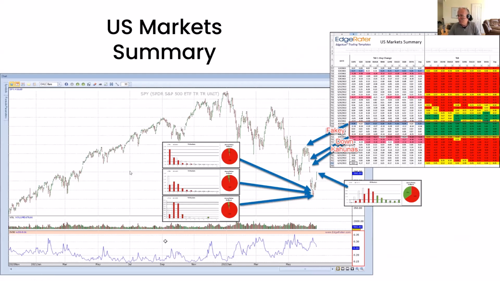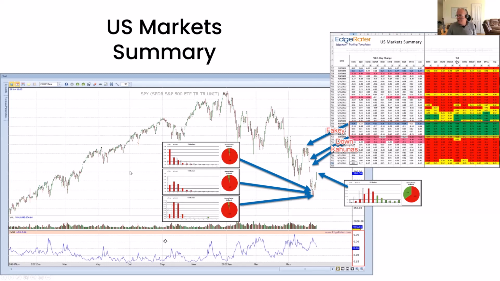Okay, so always run the US market summary report. This is a report that requires HDSI. If you have HDSI software on your desktop, then you can run this report in EdgeRater, and it basically goes through the major indexes, and there are 9 of them in here, and it color codes them according to their %B one-day change.